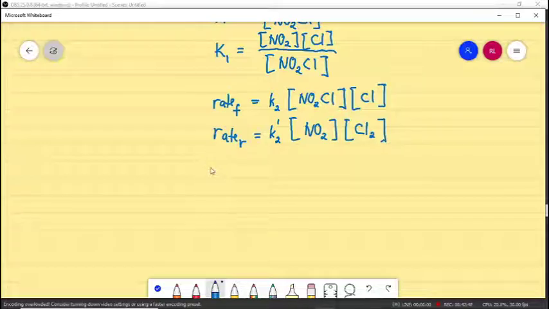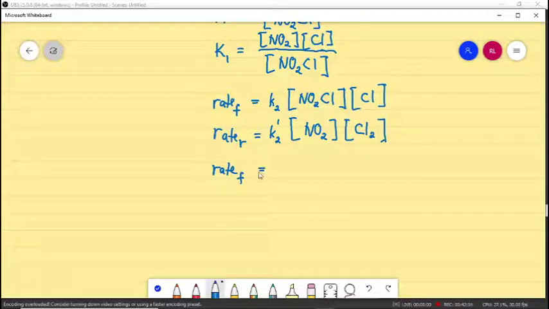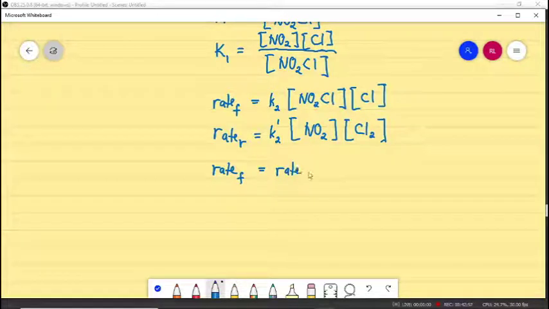Now substituting, since this is equilibrium, so rate of forward reaction is equal to the rate of the reverse reaction.